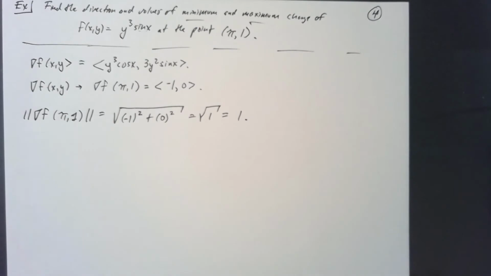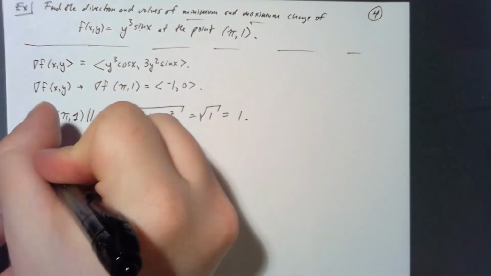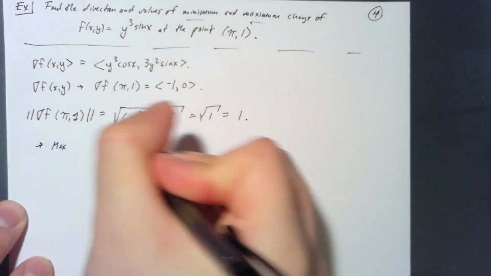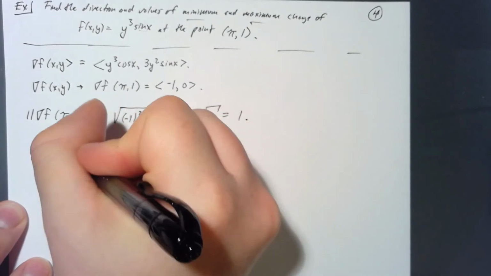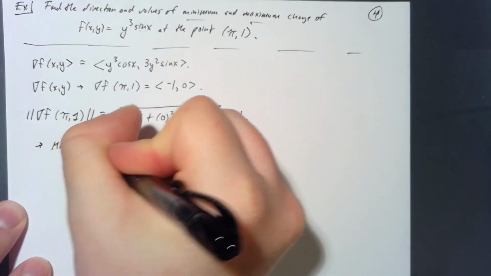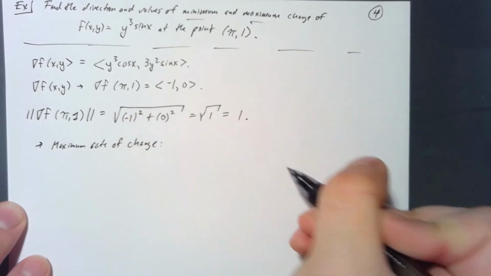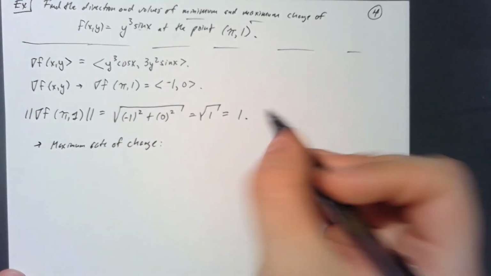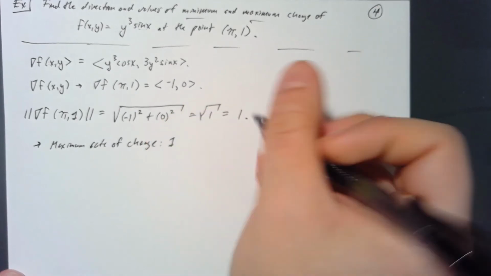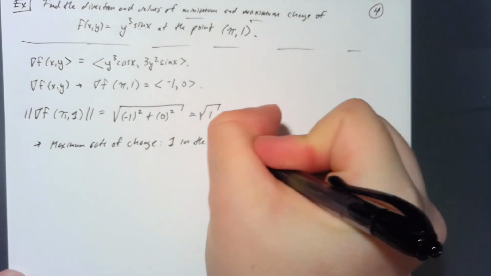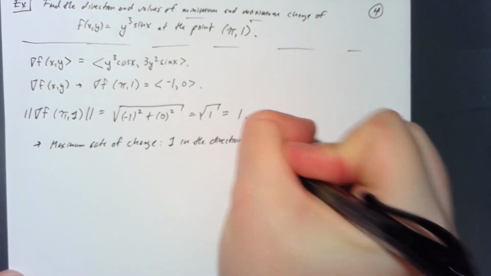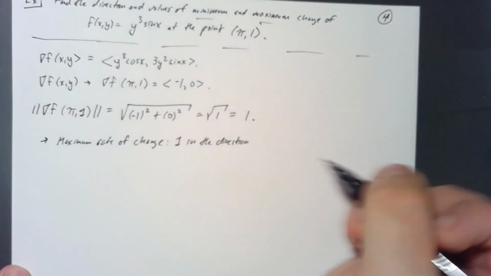All right, so how do we interpret this, though? The maximum rate of change is what? It's 1 in the direction, what? In this direction.